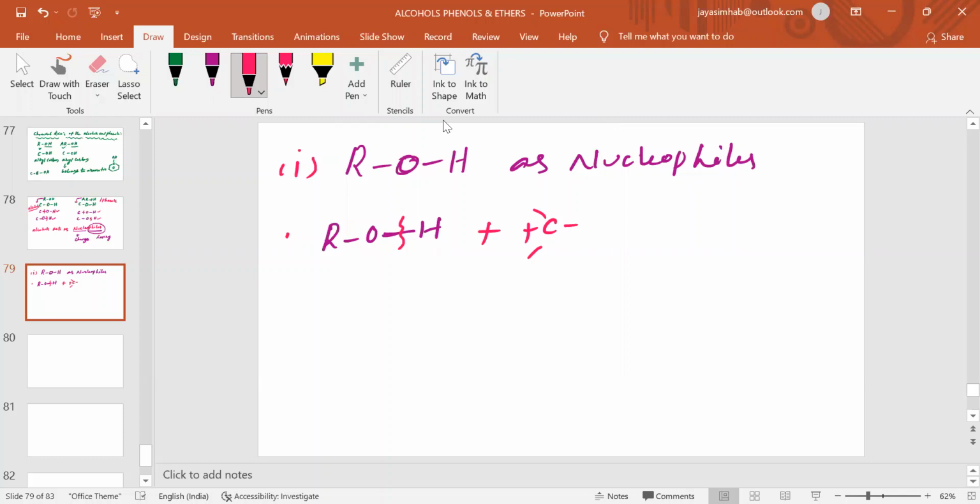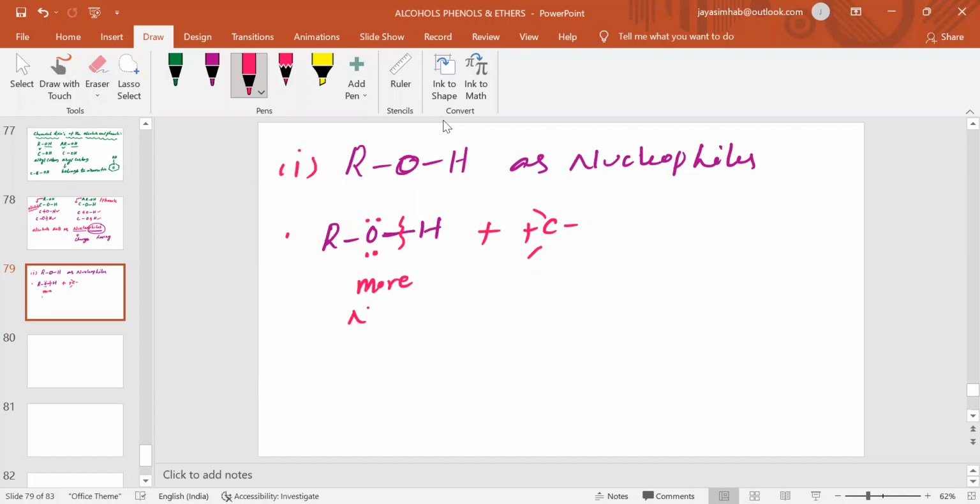What will happen here? On the oxygen, you will have a lone pair of electrons. When this bond is broken, the electron density will increase on the oxygen. Electron density increasing means it will become more negative.